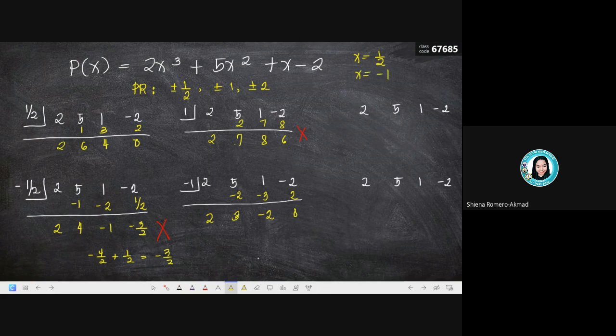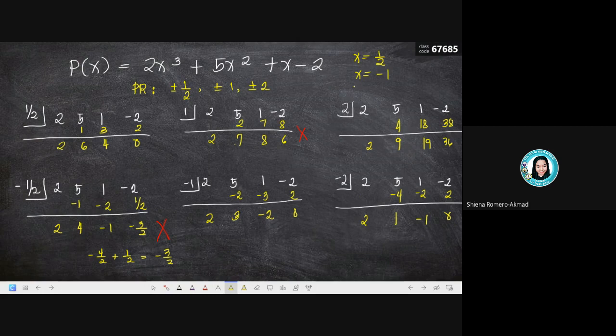Let us try 2. 2 times 2, 4. 9 times 2, 18. 19 times 2, 38, 36. 2 times negative 2 is negative 4. 1 times negative 2 is negative 2. This is negative 1 times negative 2 is 2, 0.